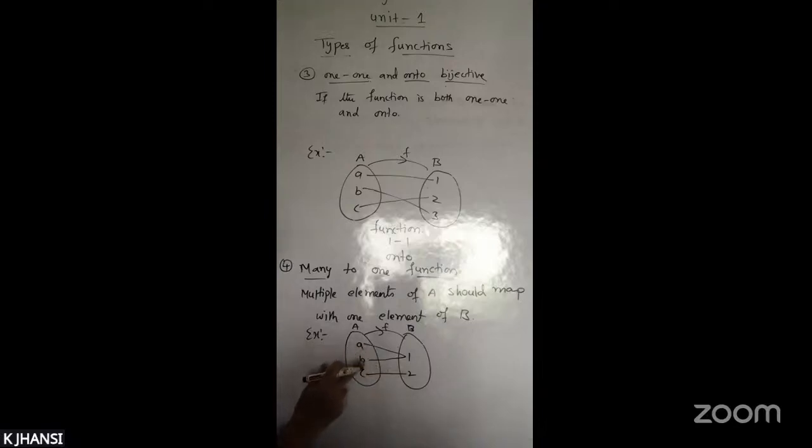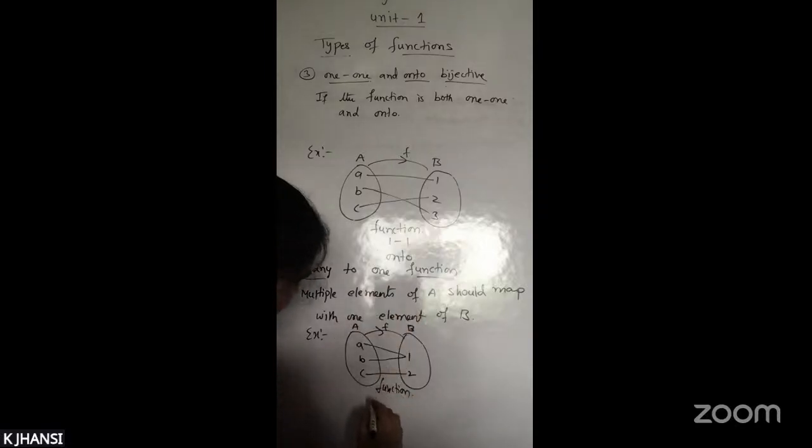Each and every element of set A has an image in B, and all the elements have a mapping, so it is satisfying the condition. Therefore, this is a function. And this is many to one. Other than one, you have two elements having only one image. So therefore, it is many to one.